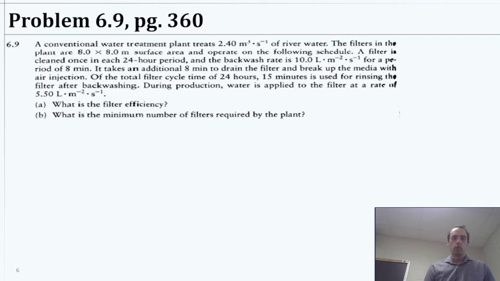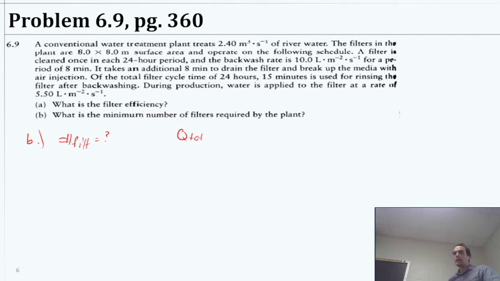Okay, so for part B here, what is the minimum number of filters required? I'm just going to write that as number of filters, question mark. Well, we have that total flow, and we can relate that to the effective loading rate. So we'll need to solve for the effective loading rate.